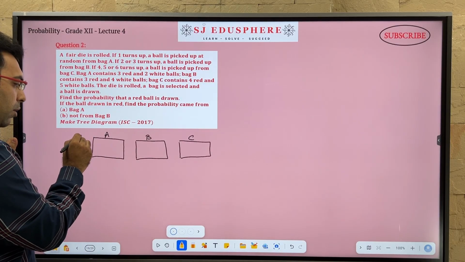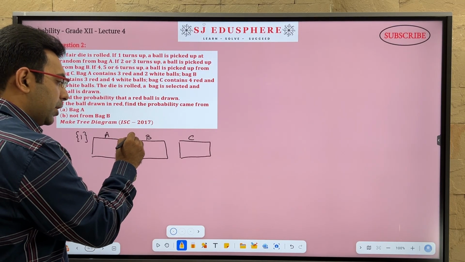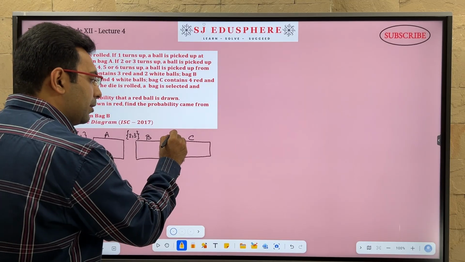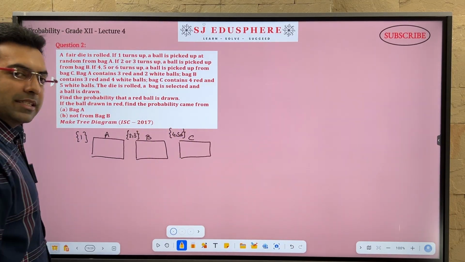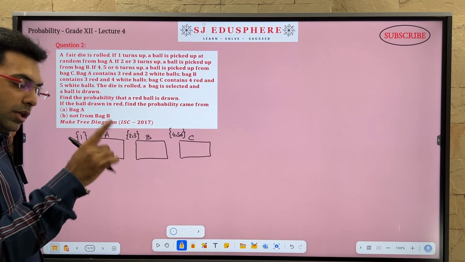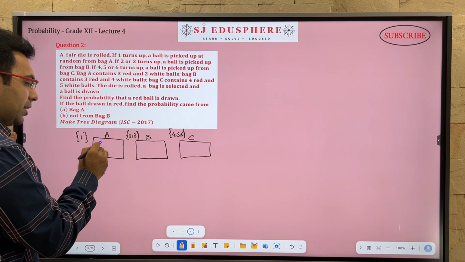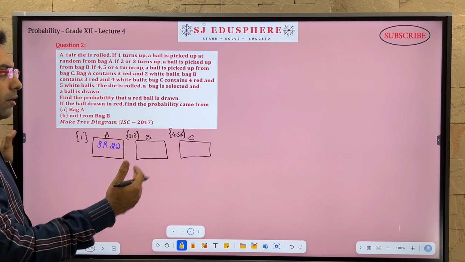If you get the number 1, you select bag A. If you get the number 2 or 3, you select bag B. If you get the number 4, 5, 6, you select bag C. Now let us see what is in the bag. Bag A contains 3 red and 2 white balls or marbles or whatever.